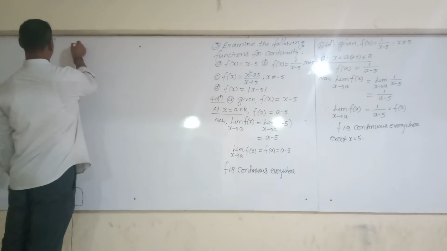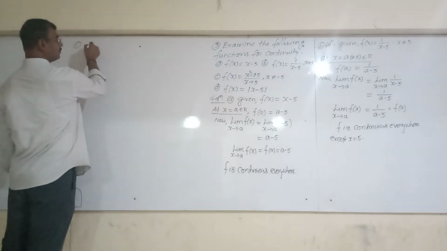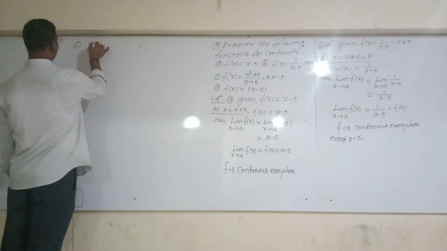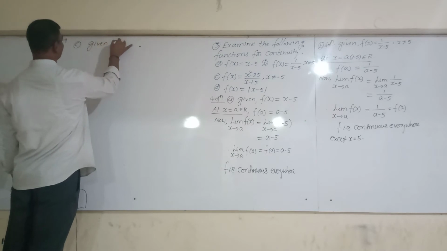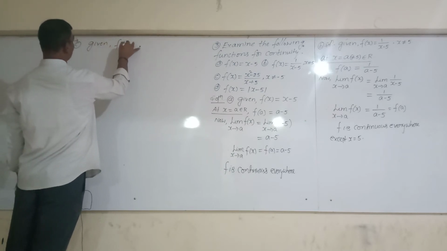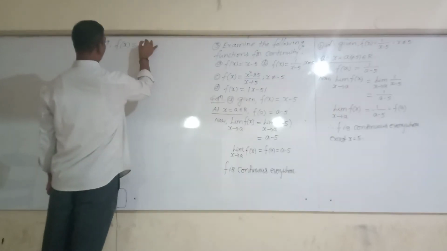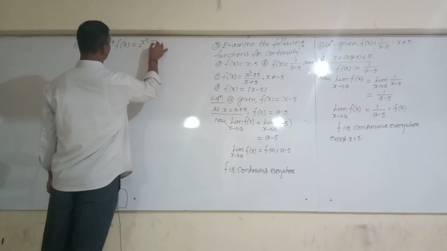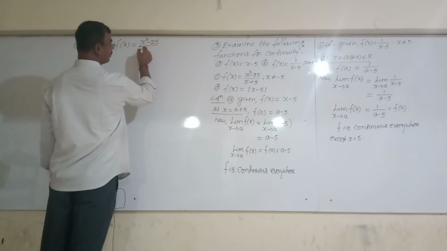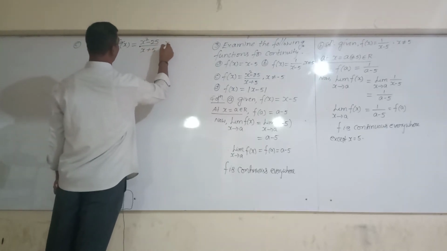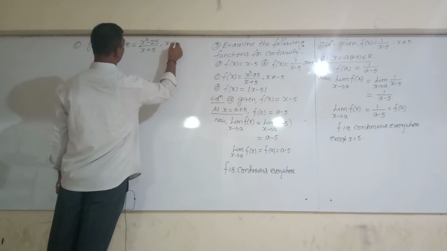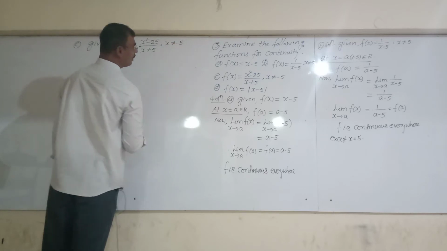So let us see the third part's answer. Given f of x is equal to x square minus 25 upon x plus 5, where x does not equal minus 5.